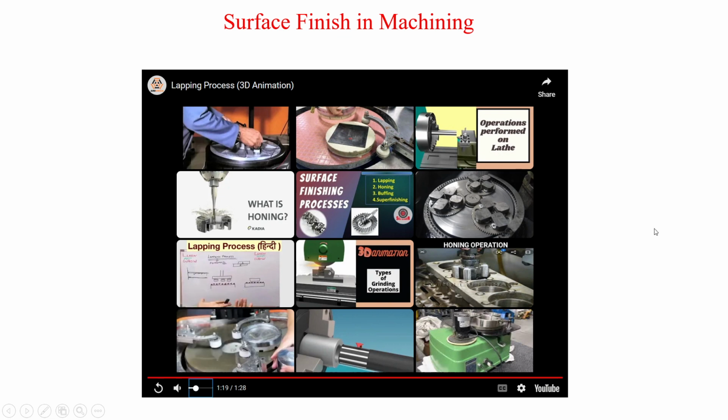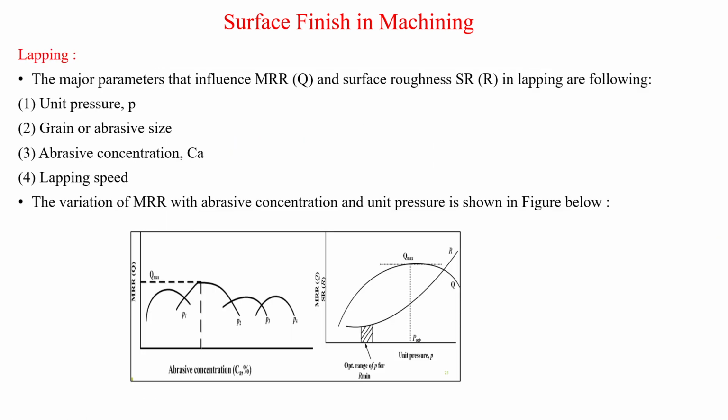Okay, so this is how lapping is done. So we'll see the major parameters that influence it. When you are doing machining, you have two main criteria to fulfill.